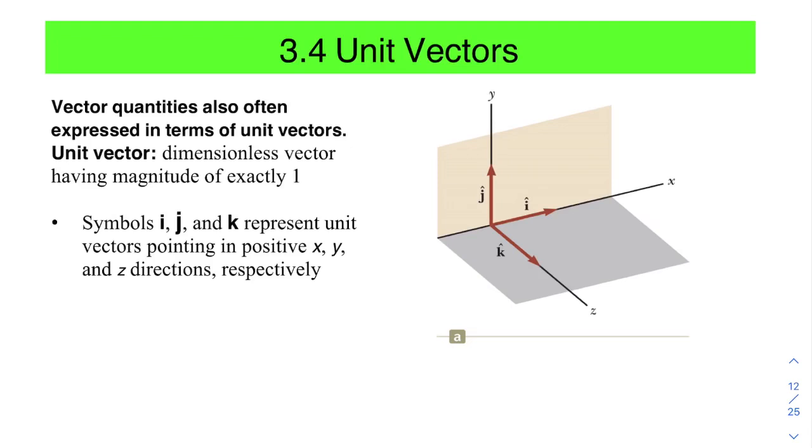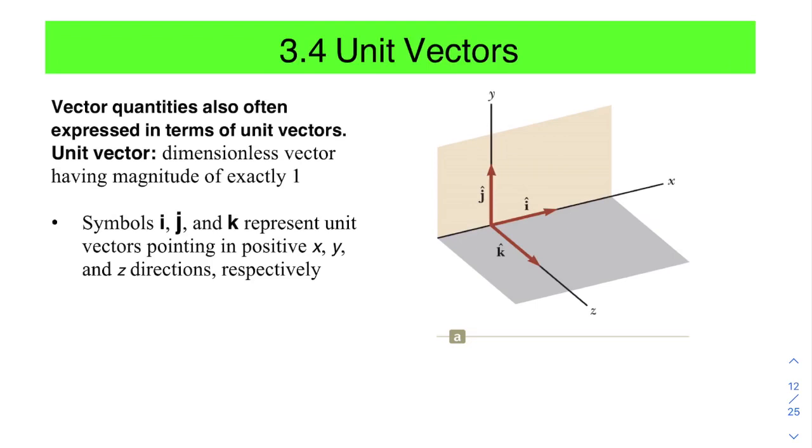So if you give a statement of 1i, it means that the vector is pointing along the positive x, with a magnitude or arrow length of 1 unit. That is the meaning of 1i.